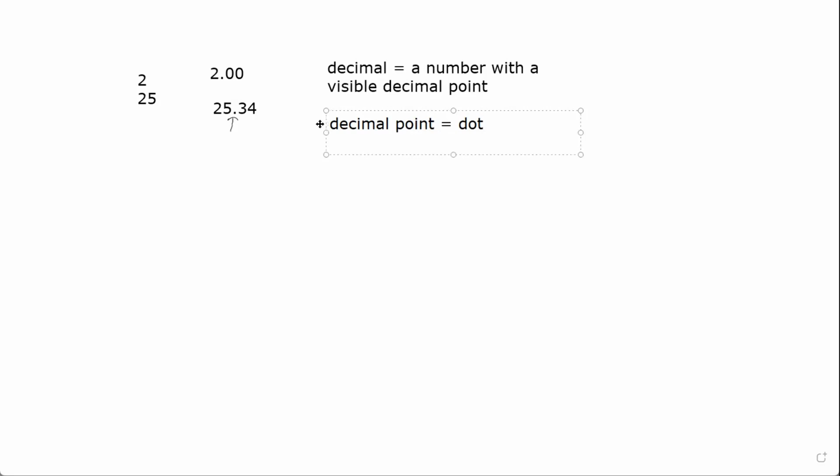Sometimes we drop the word point and just call it a decimal. If I say 1.34 and refer to this as a decimal, what I mean is it's a decimal number. Just for the sake of clarity.